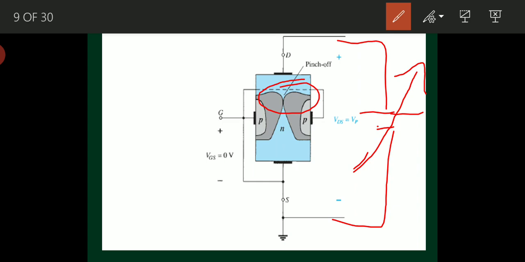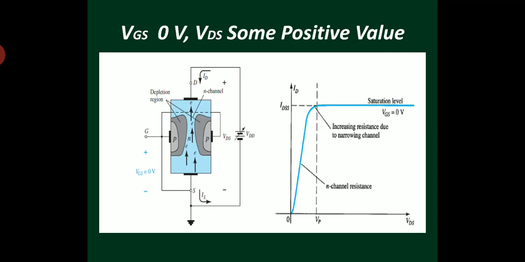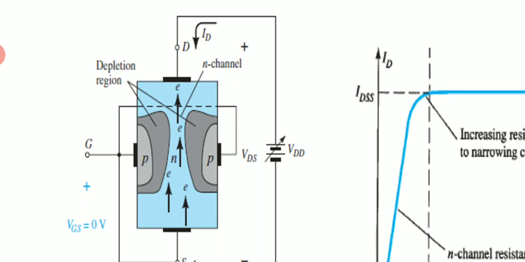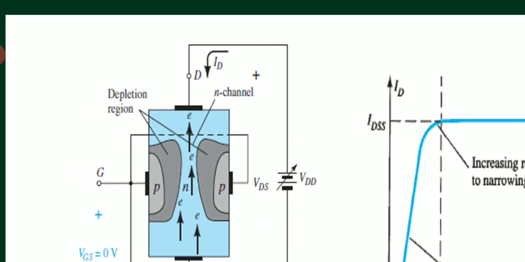So what will happen? They would want to touch each other, but they won't touch. See this diagram. They won't touch, and a small gap is present between these two depletion regions. So the gap will become constant.